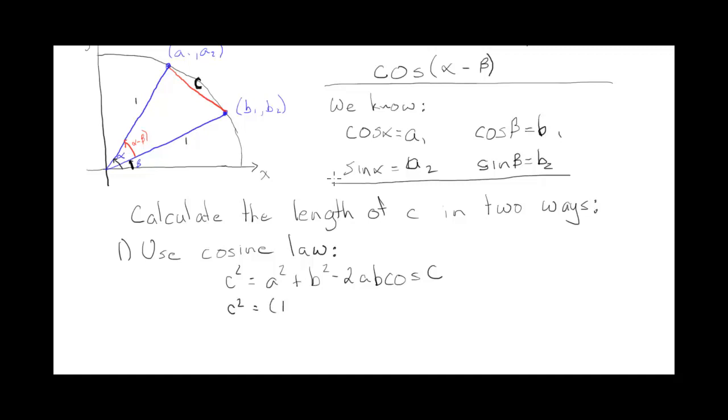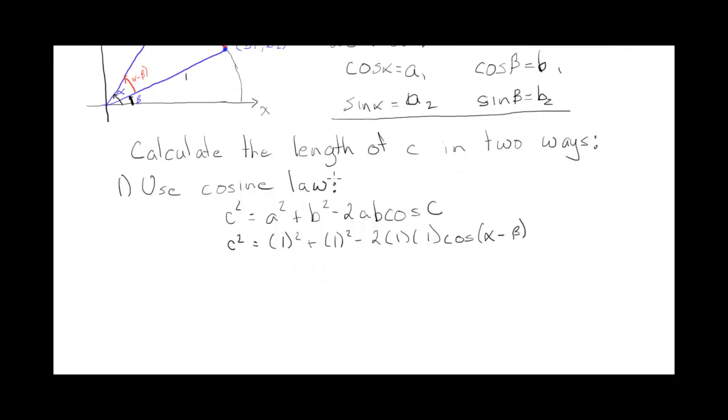So it's going to be 1 squared plus 1 squared minus 2 times ab, both sides are 1, and then cosine of C. C is the angle in this triangle, so that's the angle alpha minus beta, which is what we're trying to come up with an identity for.